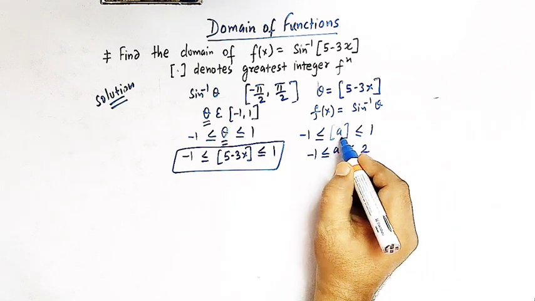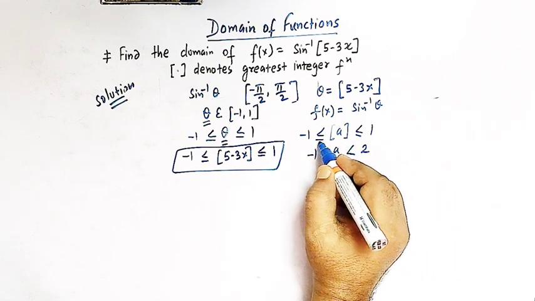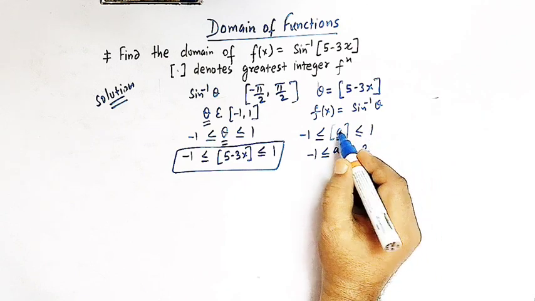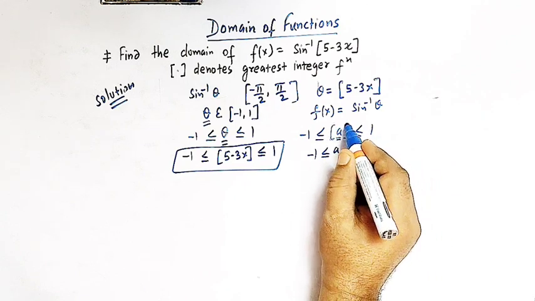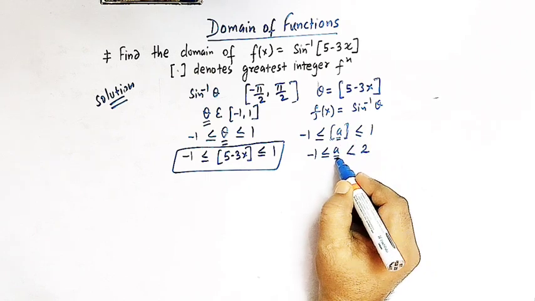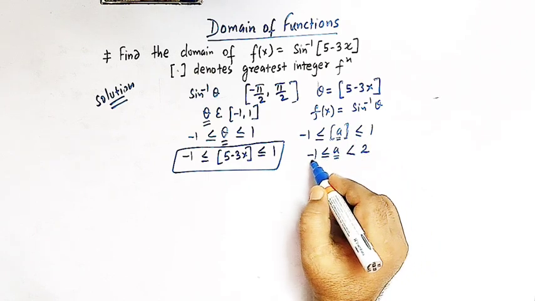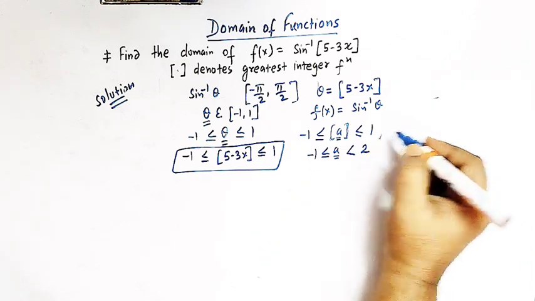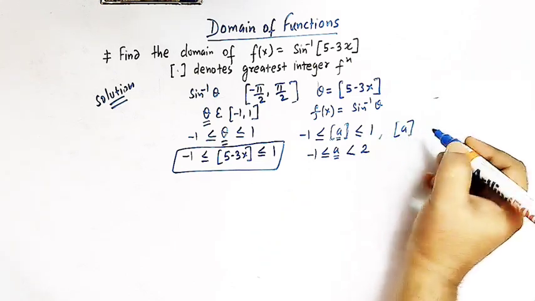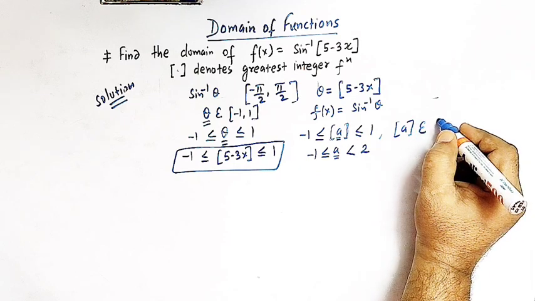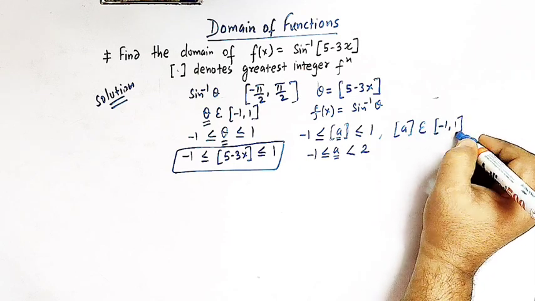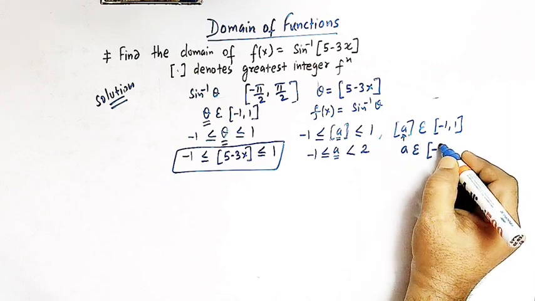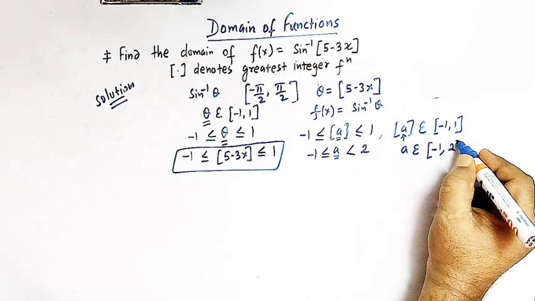So when we have greatest integer of a greater than or equal to minus 1 and less than or equal to 1, then this a, which is inside the greatest integer function symbol, is greater than or equal to minus 1 but less than 2. Or in other words, if greatest integer of a belongs to the interval minus 1 to 1, then this a belongs to the interval minus 1 to 2, right?